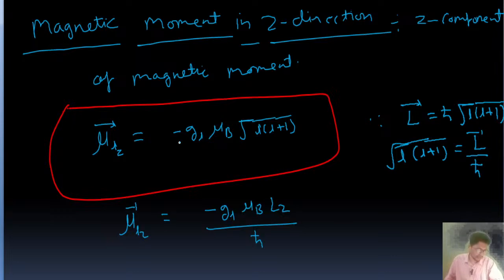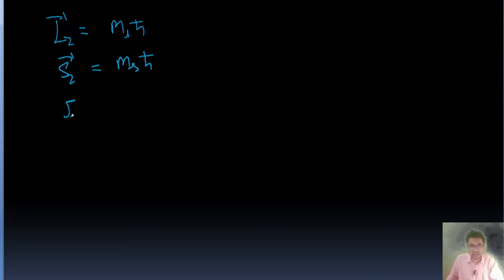Also, you should know, I'm writing here, Lz value is ml H cut, similarly Sz value is going to be ms H cut, and Jz value is going to be mj H cut.